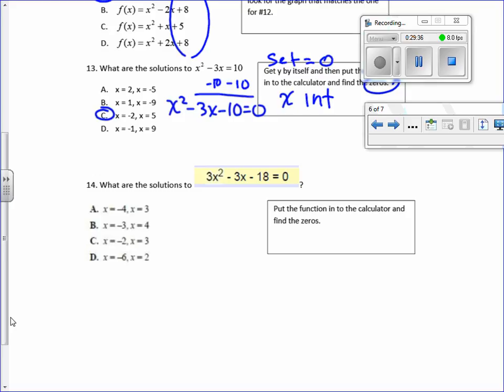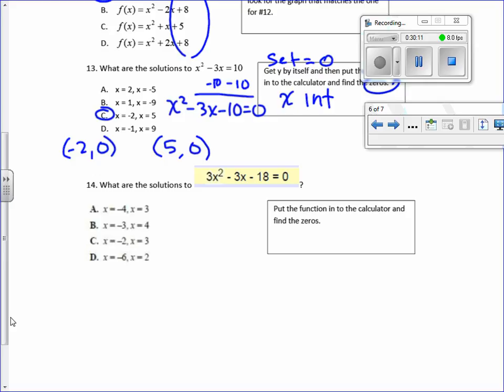So -2, 0 is a zero, and 5, 0 is the other one. Just the x coordinates. That's right, it's another way, which is the way we did it a lot last week. Thank you, Ajani, for reminding us about the table. We used our table function a lot last week, and we went to the table to find out where y equals 0. That's our x-intercept.